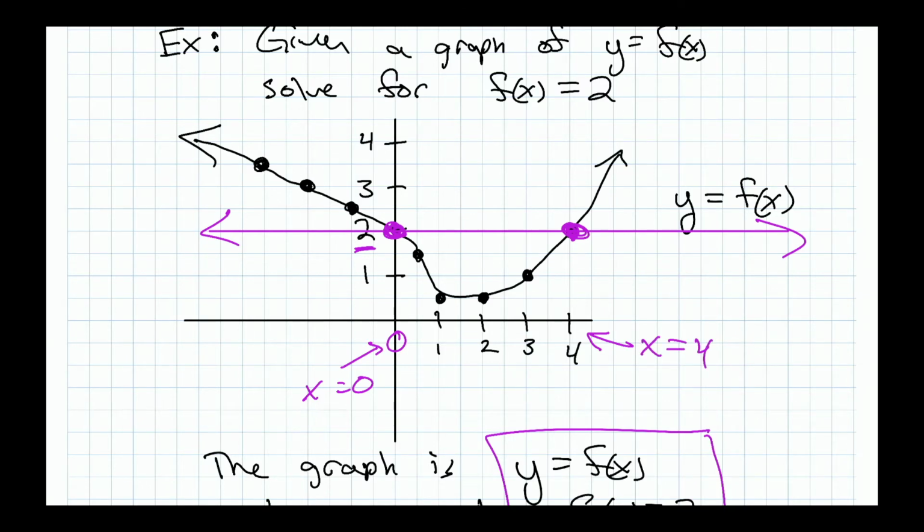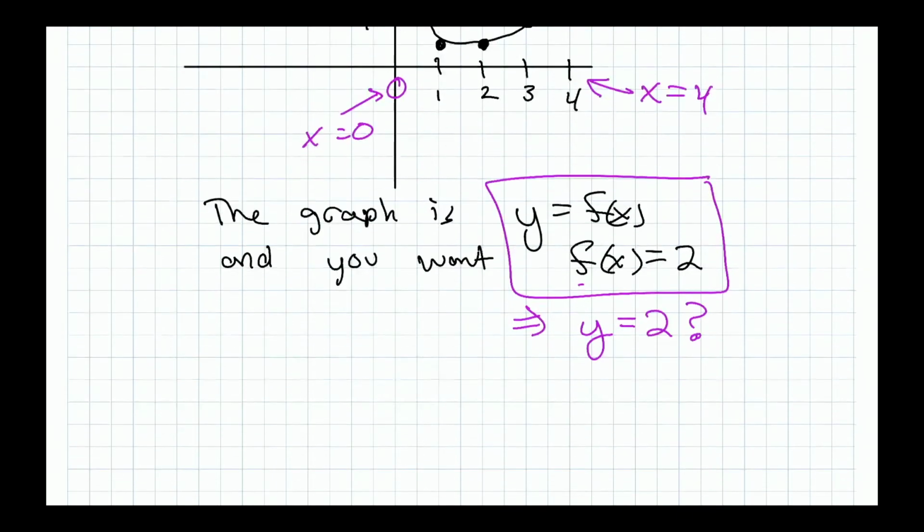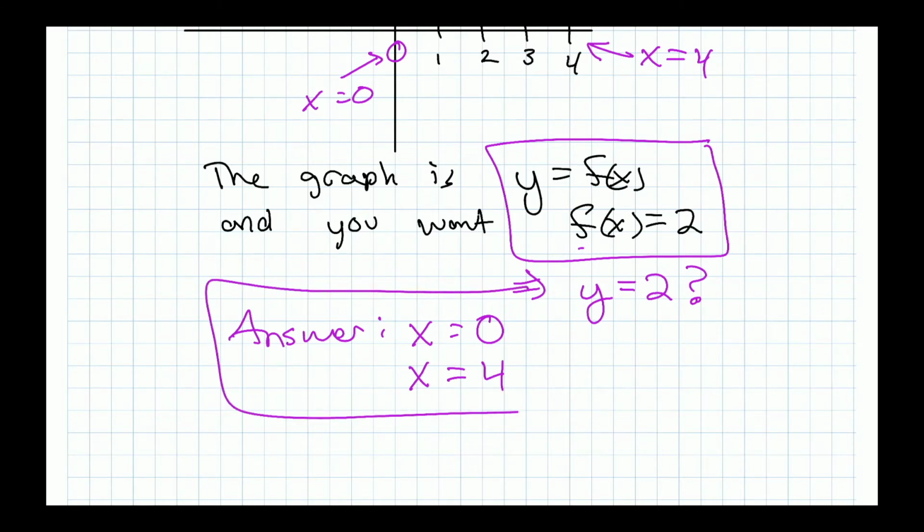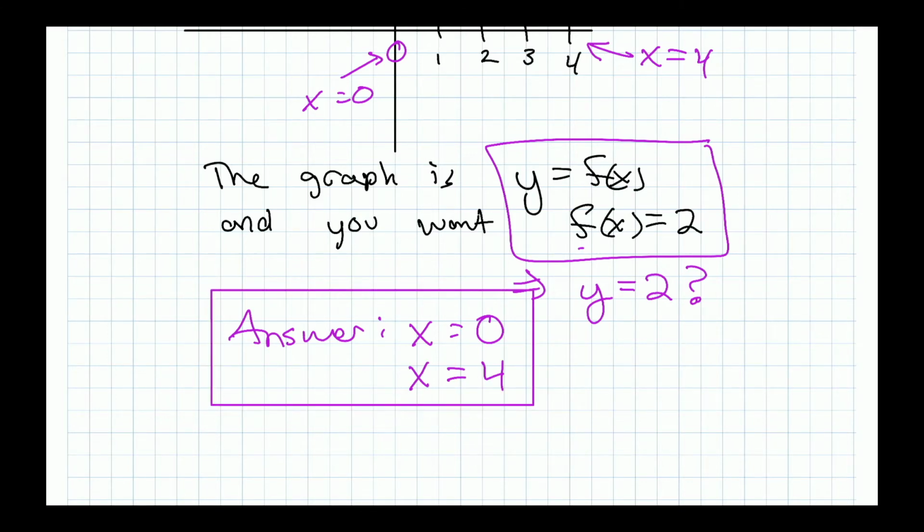So the y value is 2 at 0 and 4. So the graph is y equals f of x. You want f of x equals 2. That means y equals 2. Where does that happen? Answer, x equals 0, x equals 4. There you go.